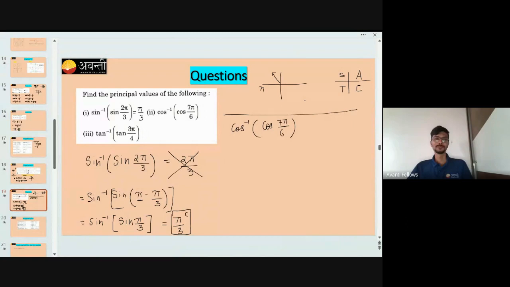Let me remind you, PVR of cos inverse is from 0 to pi, 0 to 180 degrees. If we look at 7 pi by 6, it doesn't come between 0 to pi. So here we'll bring it into PVR by using allied angles.